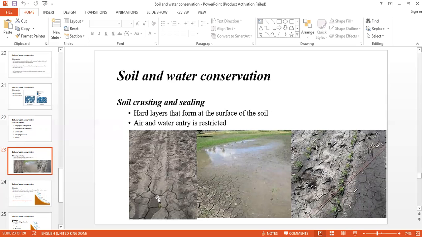The only difference is that crusting is at the top, but it's also a form of compaction, because the top layer becomes compacted such that water is not able to go through.